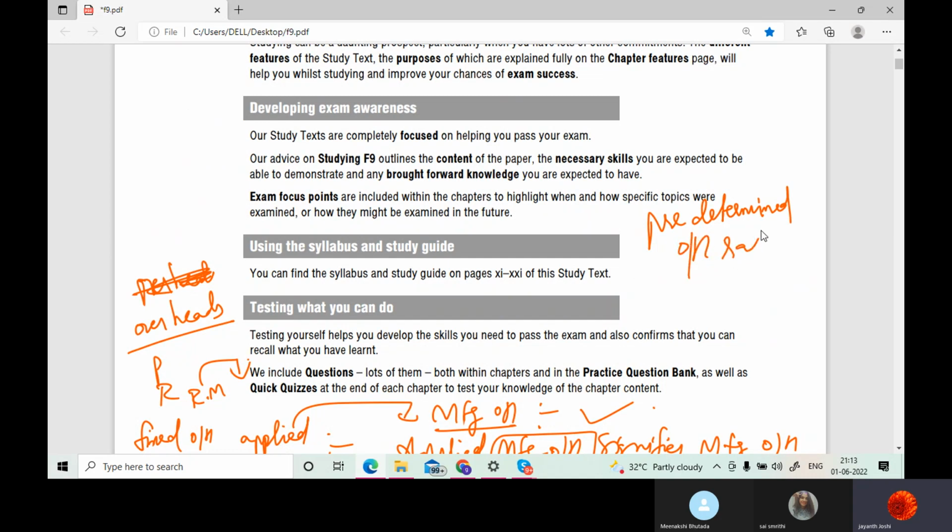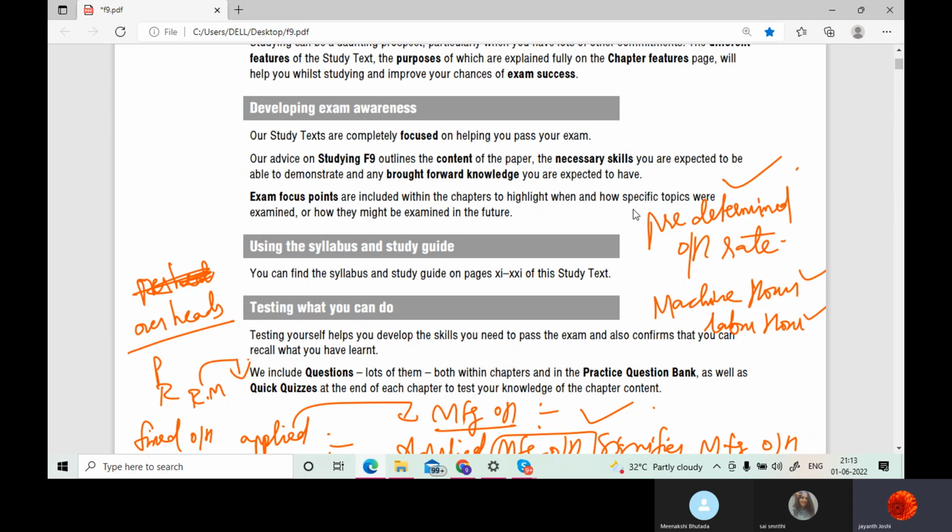For this we take either machine hours or labor hours as a base and try to find out how much overhead we are incurring per unit. That's what the concept is all about.